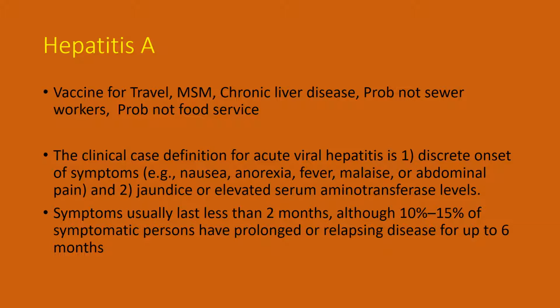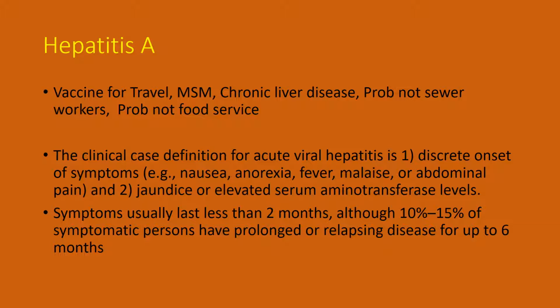People with chronic hepatitis B or chronic hepatitis C, if they get hepatitis A, it's usually way more fulminant and way more dangerous than in people that do not have those infections. Sewer workers will often seek out immunization.